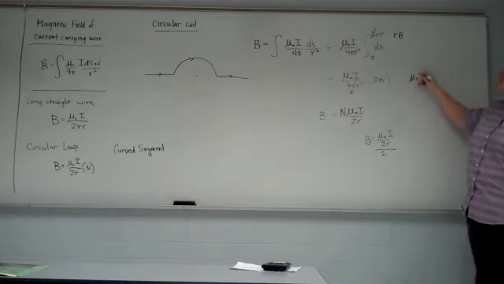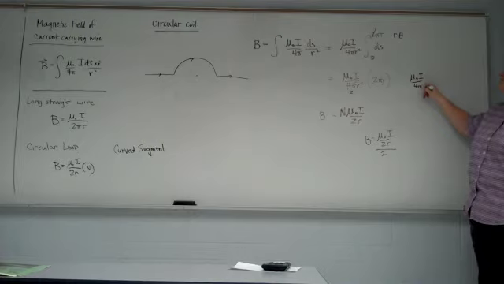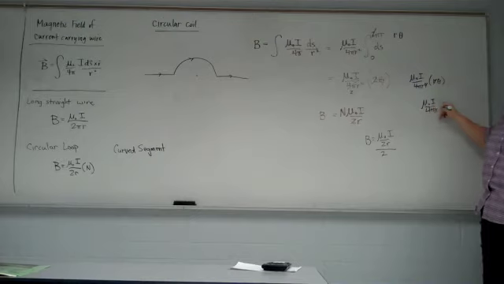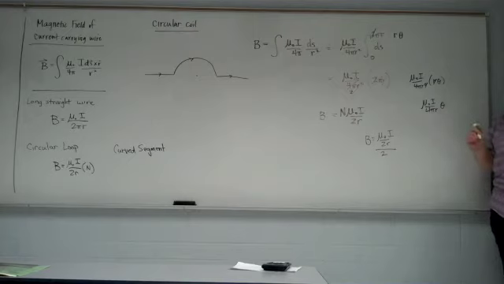So we would get mu naught I over 4 pi r squared times r theta. The r's will cancel, or one of them will. Mu naught I over 4 pi r times theta will work for any curved segment. You have to keep in mind theta needs to be in radians.